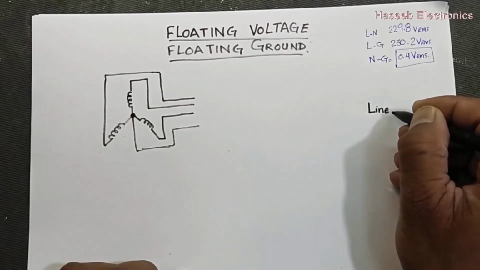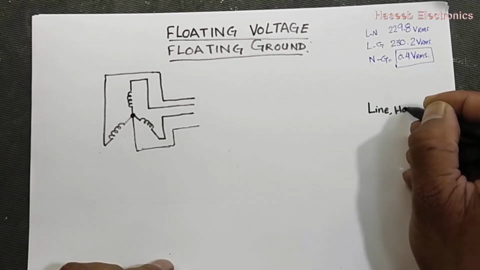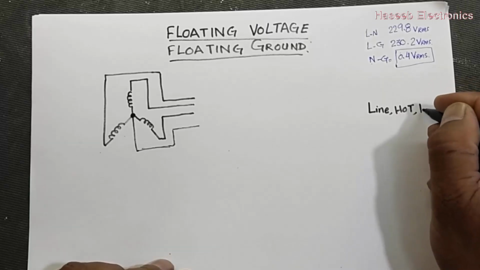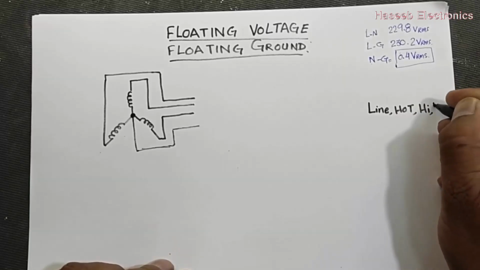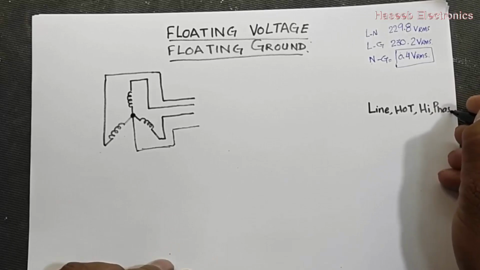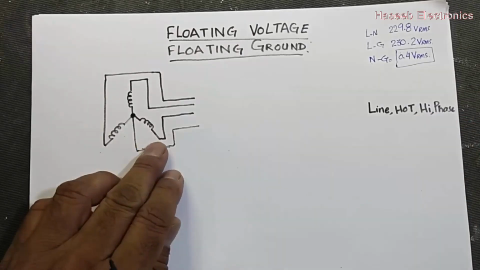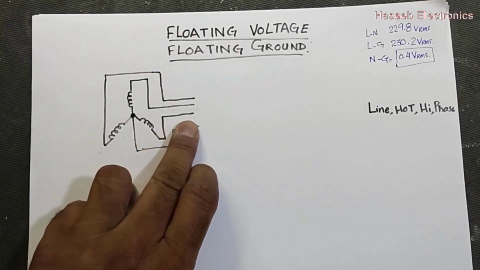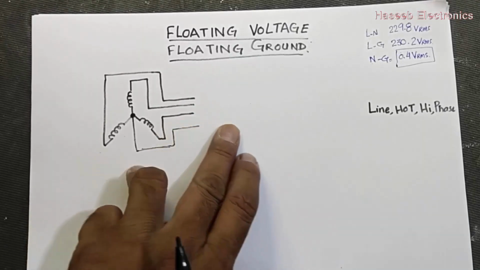What is line? It is the hot wire, or we can say it is high voltage, or phase voltage. So it is a current carrying conductor which will drive any load.